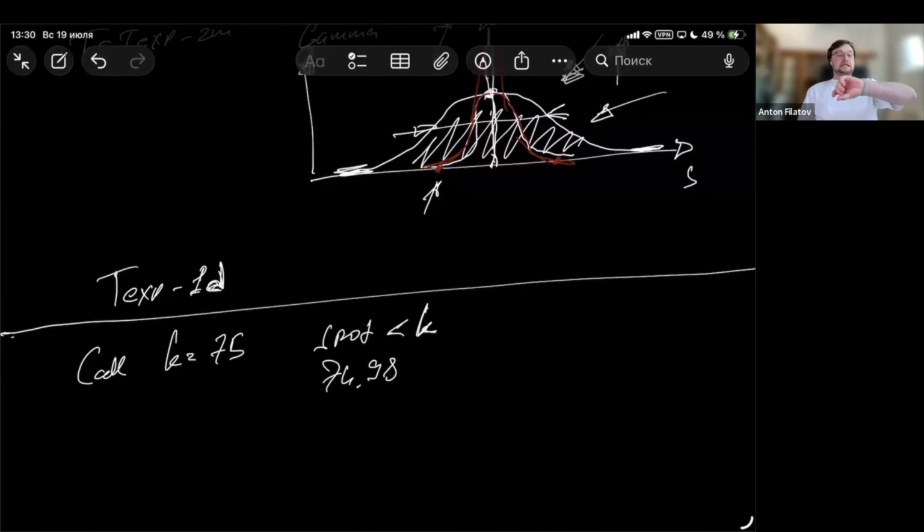Say it will be 20th of July, so tomorrow, and time of exercise. Say it will be 10 a.m. London time. So how does it work? Until 10:00, minutes and seconds, you have time to tell your counterparty if you exercise it or not on that day.